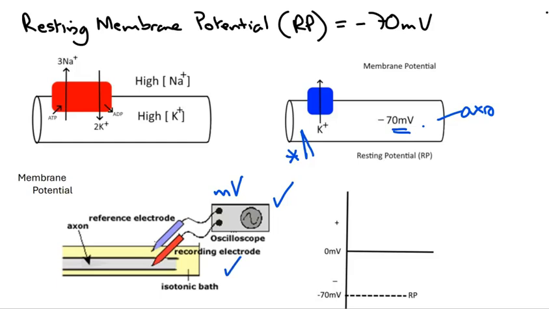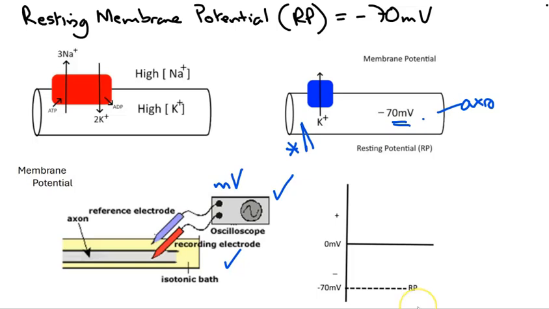And when this is performed, experimenters have found that minus 70 millivolts is sustained over time. This is time on the axis of the graph here.